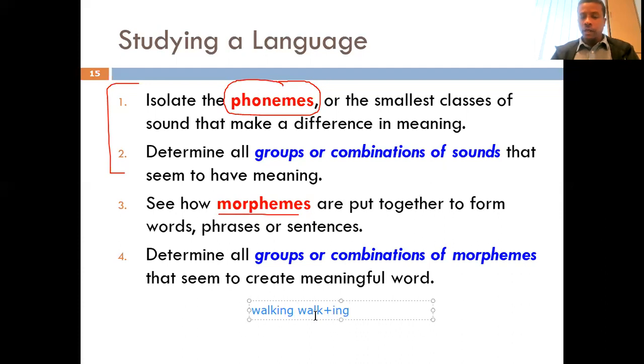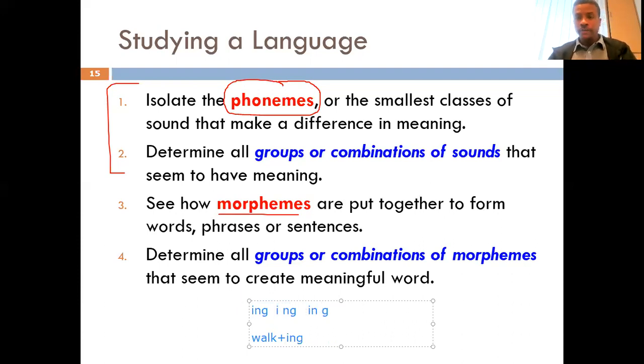For instance, if you try to break down the word walk into something like WA and LK, it doesn't make sense. The word is meaningful only if you combine these two. Likewise, the attachment ing cannot be further divided. You cannot say this is i and ng, or in and g.